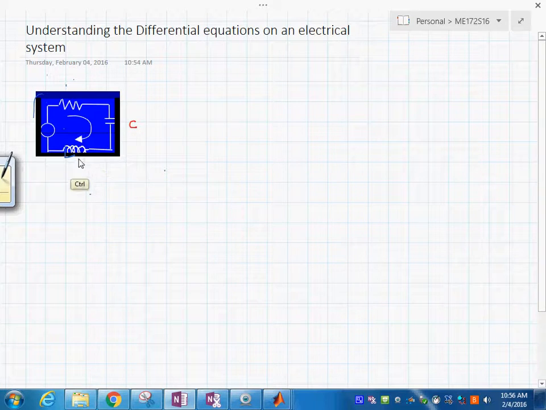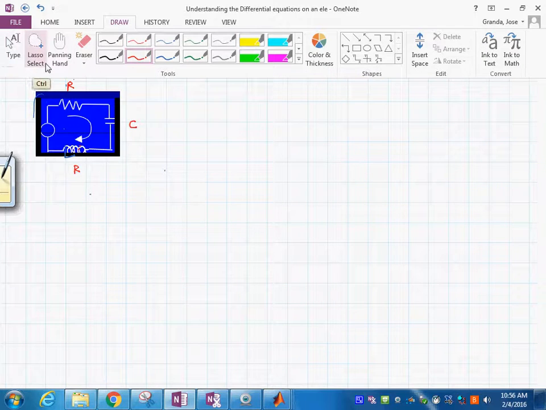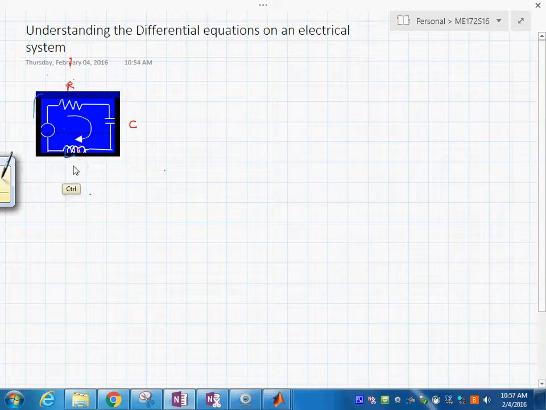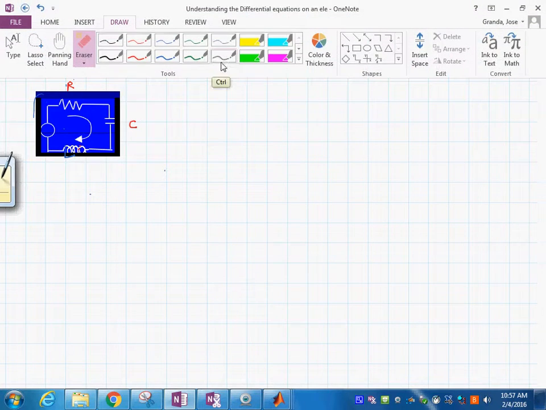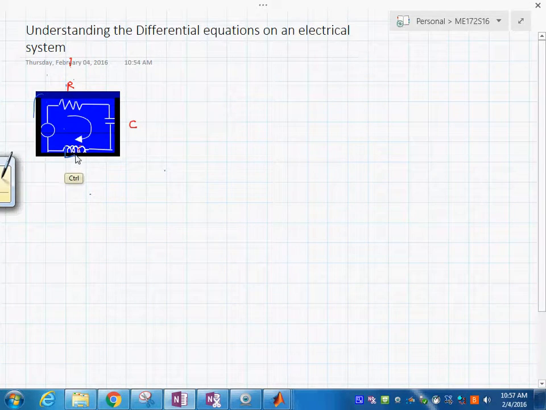So this is C. This is the R element. And this other one is the inductor, this is L right there. And this is your voltage source V.